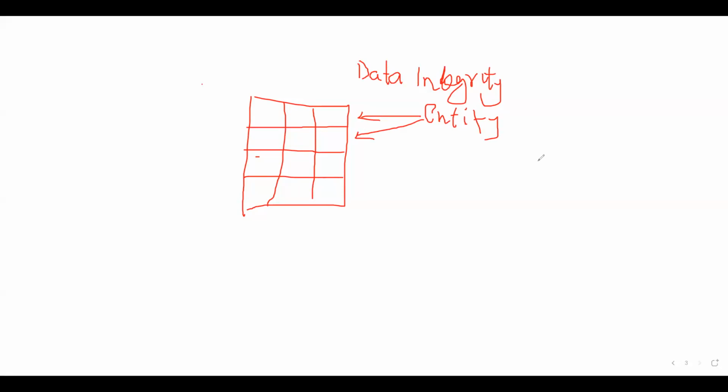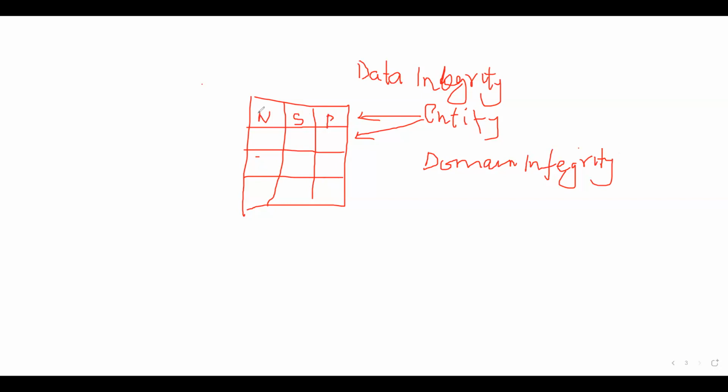You have to also ensure domain integrity. This enforces valid entries for a given column by restricting the type, the format, or the range of values. So imagine this place is for name, this place is for salary, this place is for position.